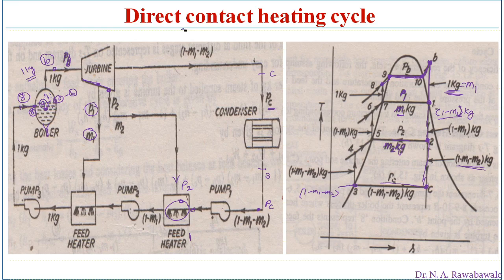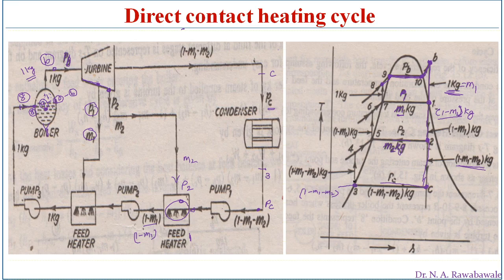Because this condensate of 1 minus m1 minus m2 kg enters, and from this side m2 kg enters. If we add 1 minus m1 minus m2 plus m2, the m2 gets cancelled. Now this mixture is coming out, which has a mass of 1 minus m1 kg. The pressure is P2.